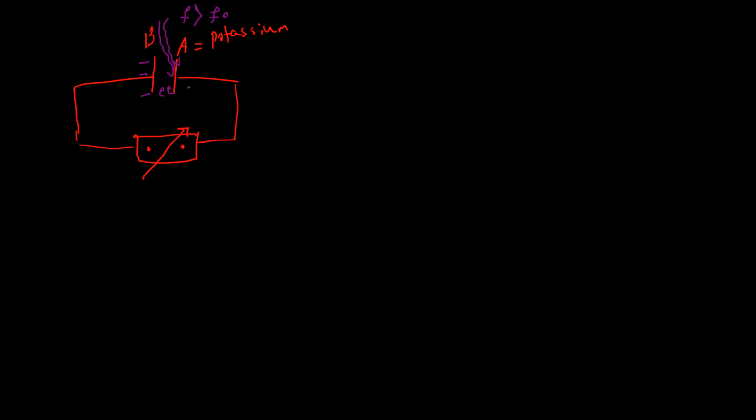So electrons ejected from plate A are repelled by plate B. If we increase the applied voltage, the repulsion force also increases. And if the applied voltage is high enough to stop the photoelectrons, then this applied voltage, we name it the stopping voltage, and we show it with V naught. So V naught is the voltage that we need to apply to this plate in order to stop electrons.